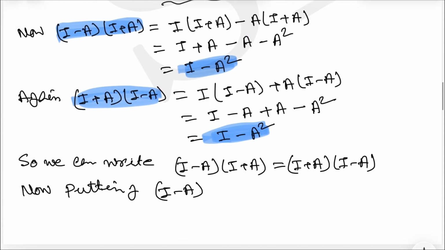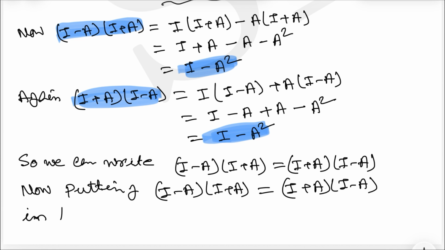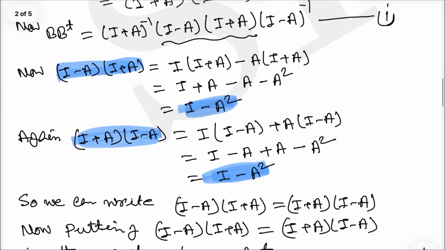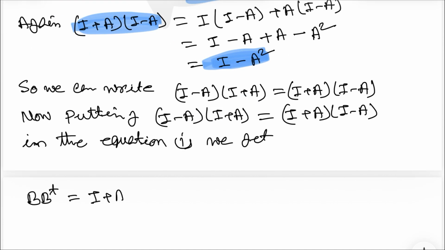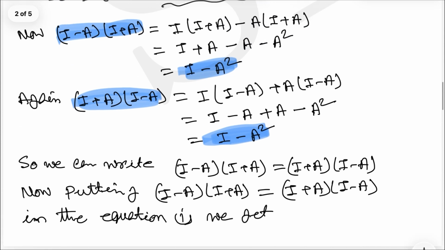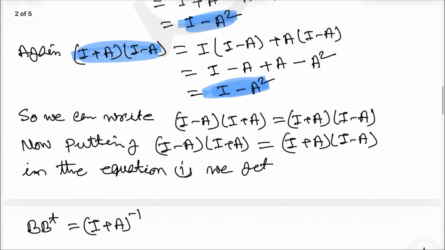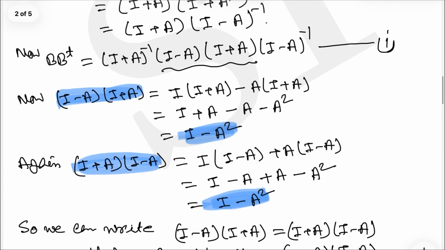So what we will get in equation 1 is B transpose is equal to (I plus A) inverse, and in place of (I minus A) into (I plus A), we write (I plus A) into (I minus A), and the last one is (I minus A) inverse.